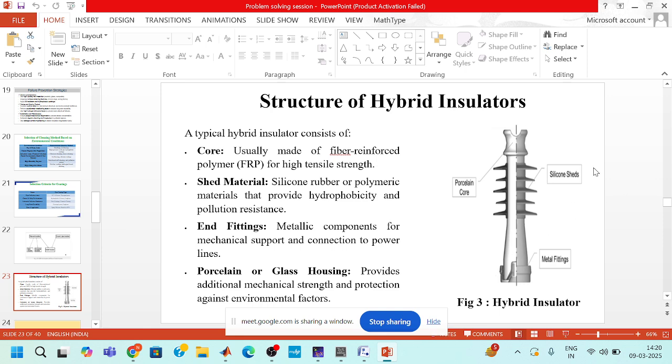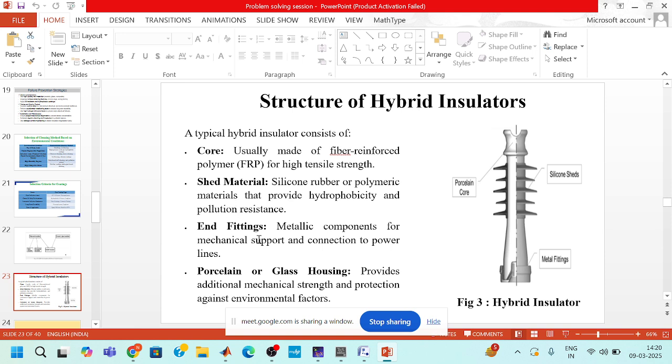The core is made up of fiber reinforced polymer, also known as FRP, for providing high tensile strength. And shed material is silicone rubber or polymeric material that provides hydrophobicity and pollution resistance.